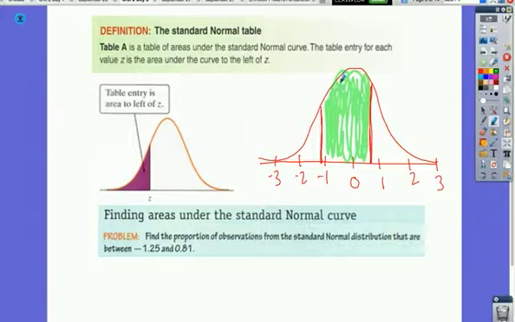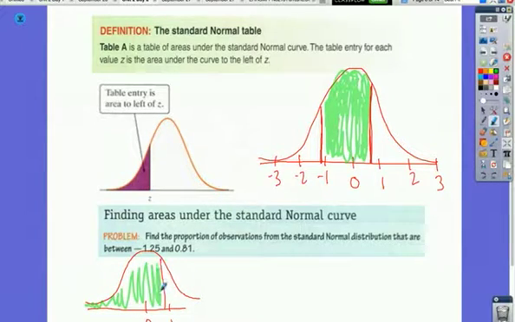Now that area, you could say, is made up of to the left of 0.81, and to the right of negative 1.25. So I'm going to draw those separately so you can kind of get an idea about what I mean. So this would be 0.81.